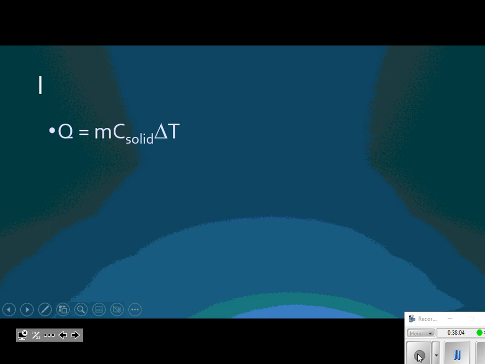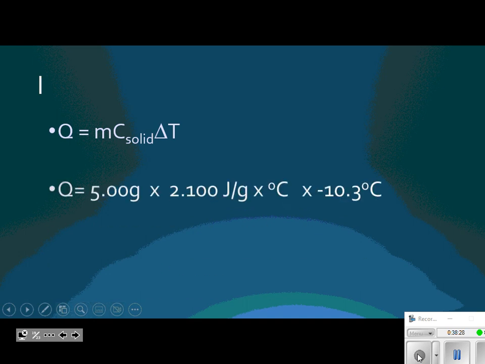What is my temperature? Well, ask yourself, where did I start? I started at 0, right? Where did I end? Negative 10.3. So what's negative 10.3 minus 0? Negative 10.3.